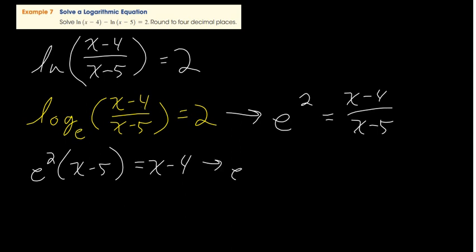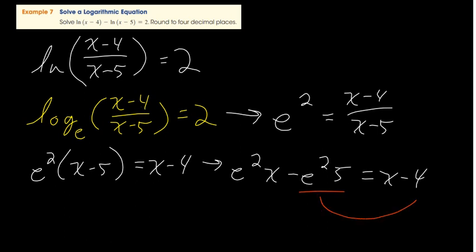So we're going to end up with e squared x minus e squared 5. Honestly, I probably could write it the other way, 5e squared, but we're just going to roll with this. It's equal to x minus 4. And now it should be obvious what I'm trying to do here by trying to get these x's together. So I'm going to add e squared times 5 to the right side.